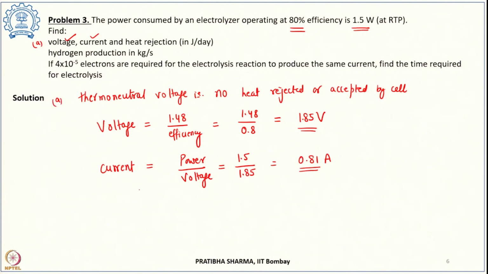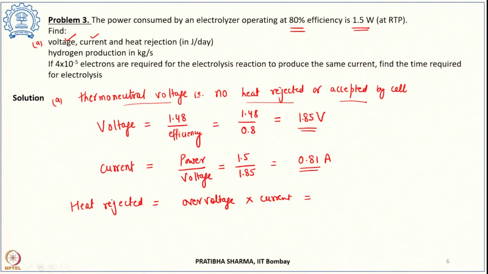Now it is required to find the heat rejection. So the heat rejected by the electrolytic cell is over voltage times the current. Since for thermoneutral voltage there is no heat rejected or accepted, anything above that will have heat being formed in the process and that will be rejected.